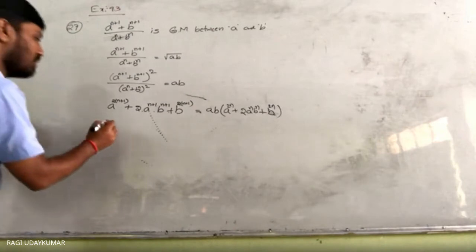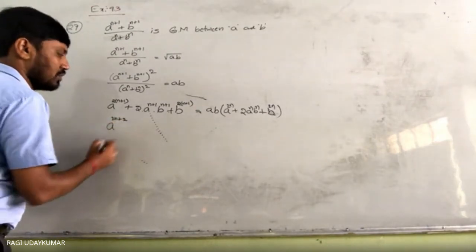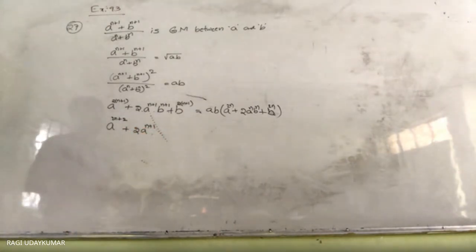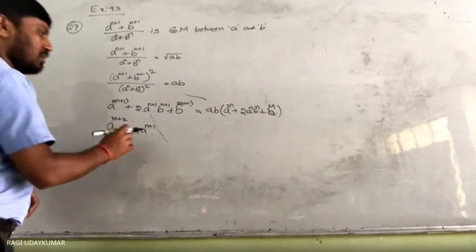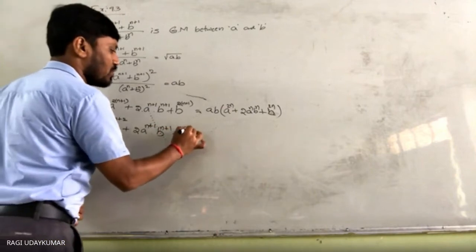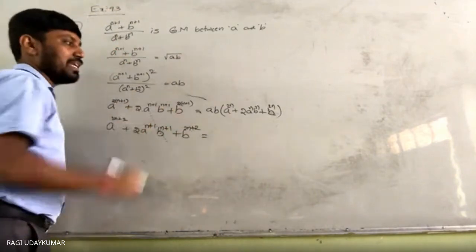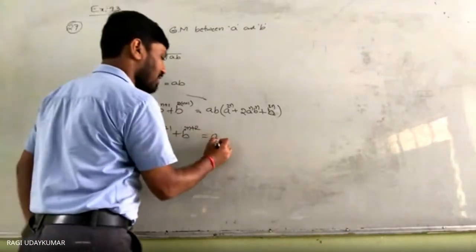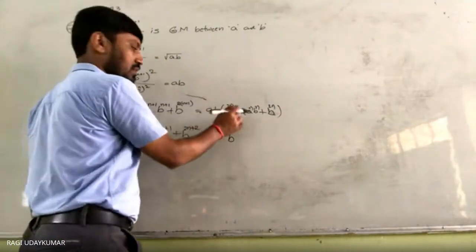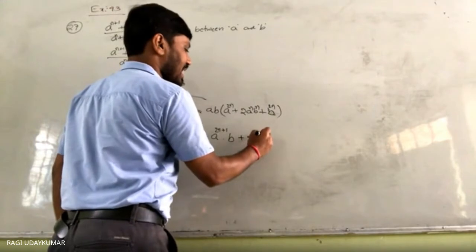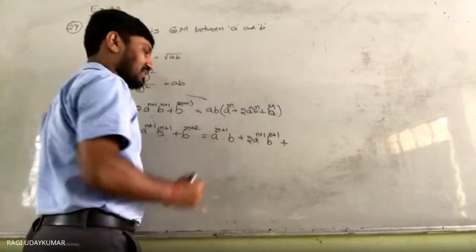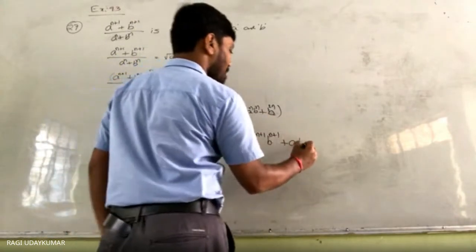So a^(2n+2) + 2 a^(n+1) b^(n+1) + b^(2n+2) is equal to ab multiplied by the right side: a^(2n+1) b + 2 a^(n+1) b^(n+1) + a b^(2n+1). I multiplied this ab here.